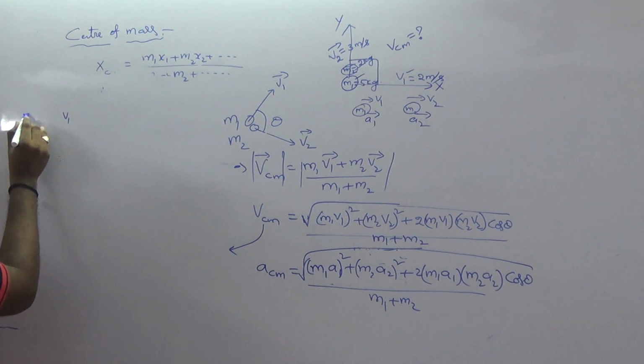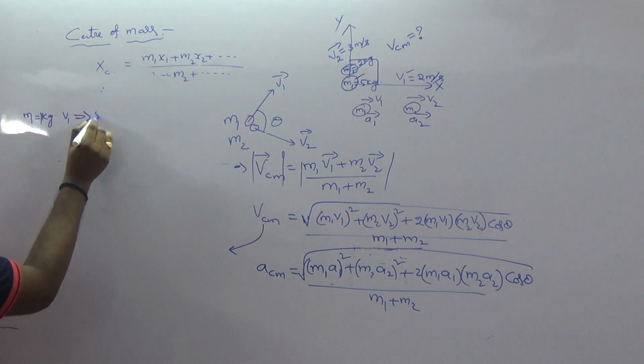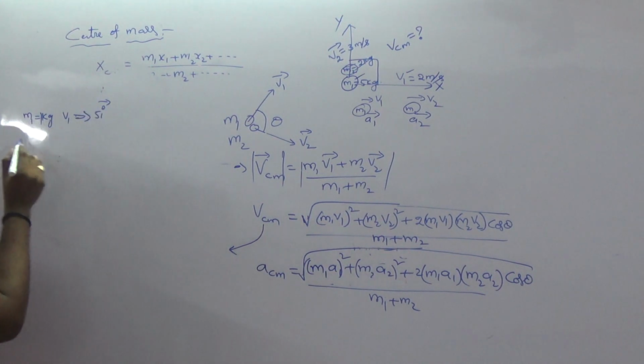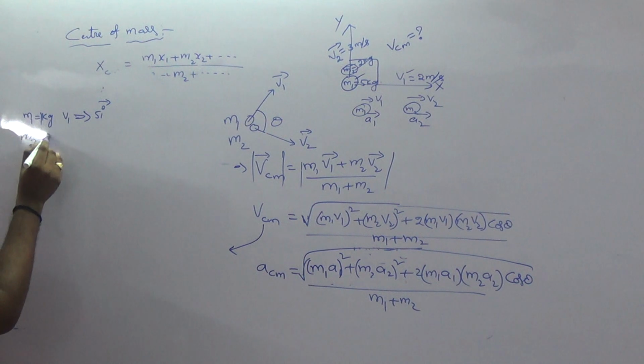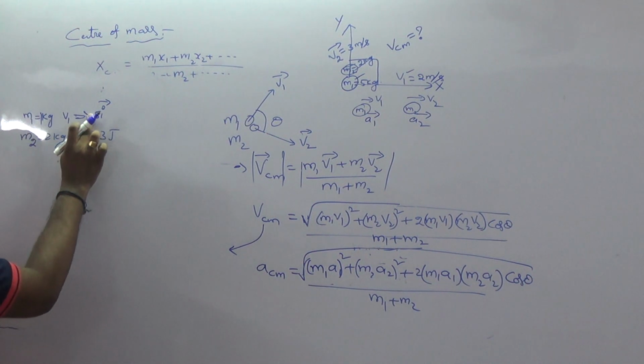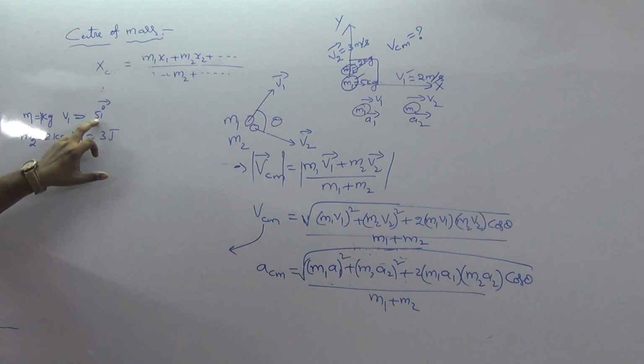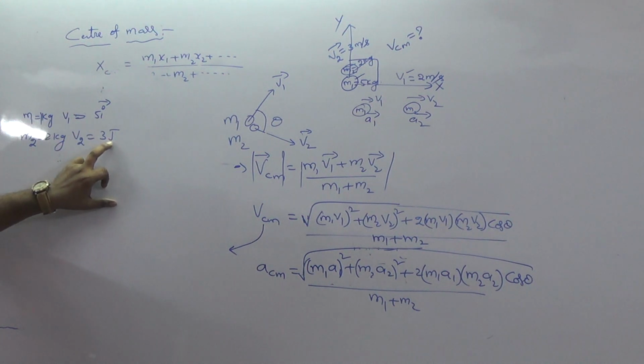A particle of mass m1 equal to 1 kg is moving with velocity 5 i bar, and one more particle of mass 2 kg is moving with velocity 3 j bar. What is the velocity of center of mass? One is along the x-axis, another one is along the y-axis.